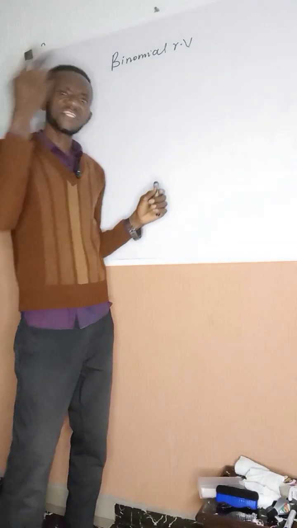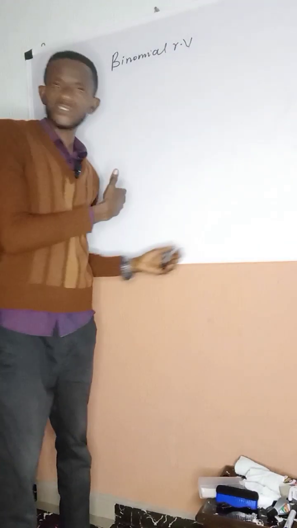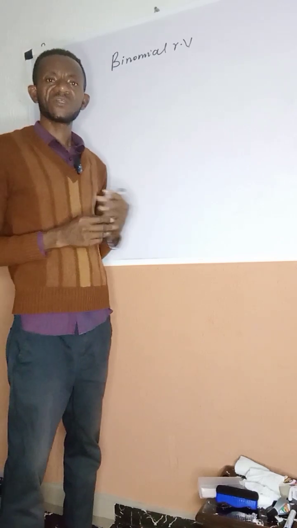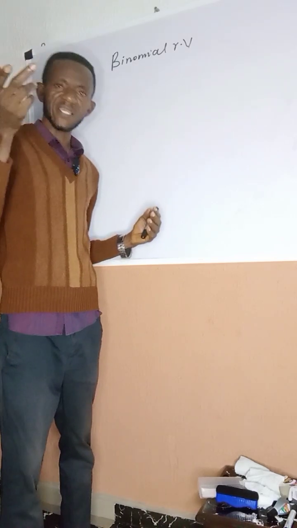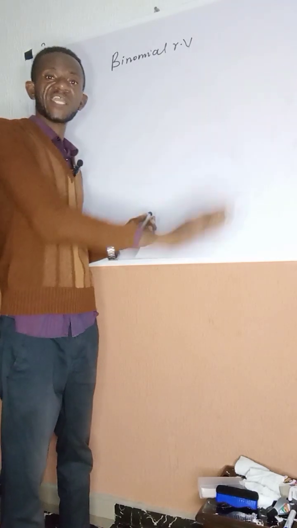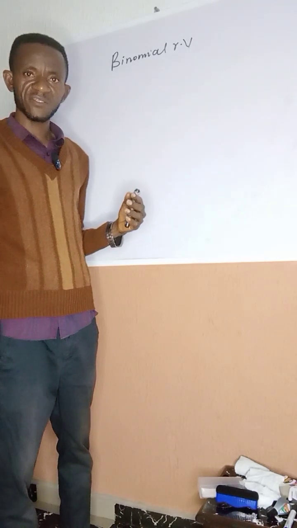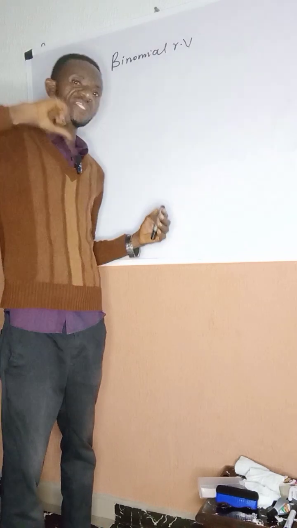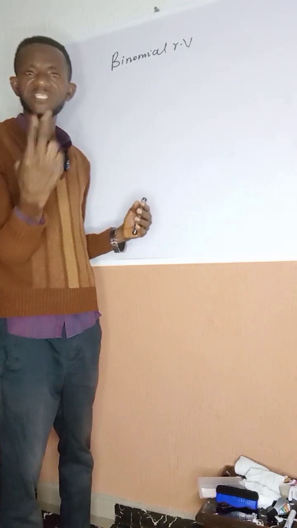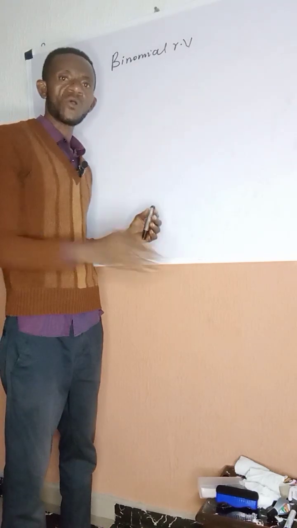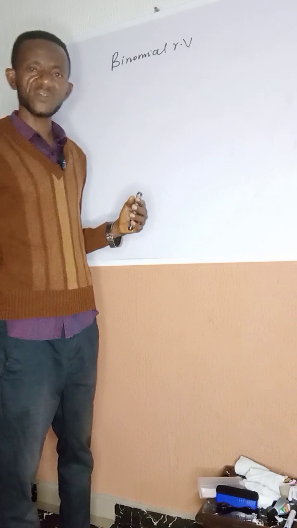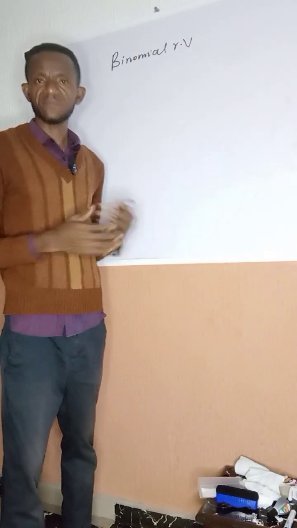Now, regarding the toss of a coin, I just want to give an illustration of how questions can come from this particular distribution. The toss of a coin has two possible outcomes. It either comes with head or it comes with tail. So that random variable X, which is the trial of the toss of a coin, can only assume two possible outcomes, the head or the tail, which is often denoted with 0 for tail and 1 for head.